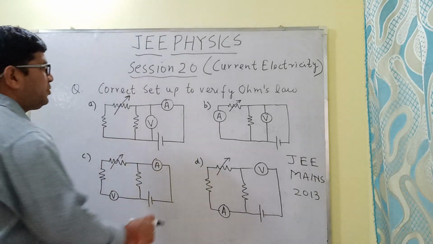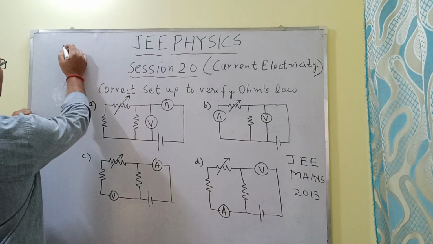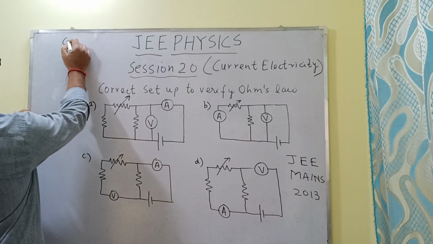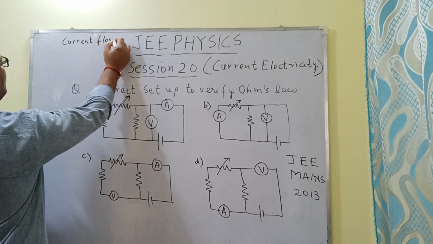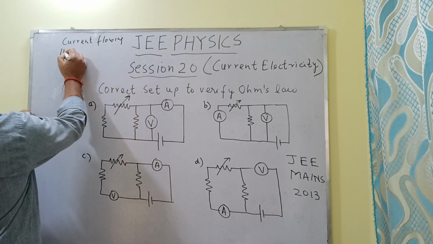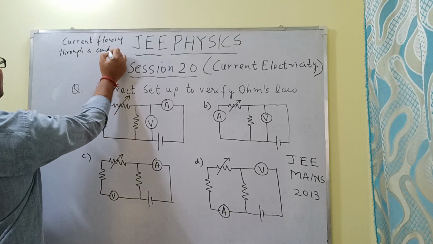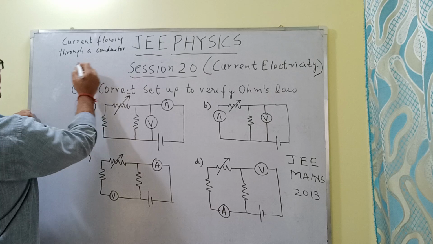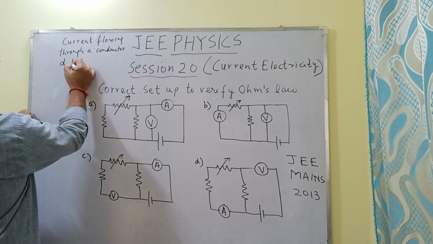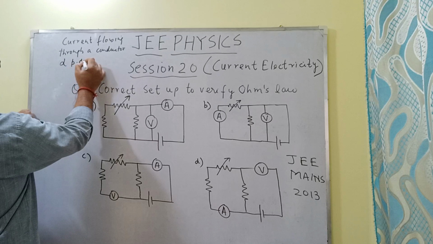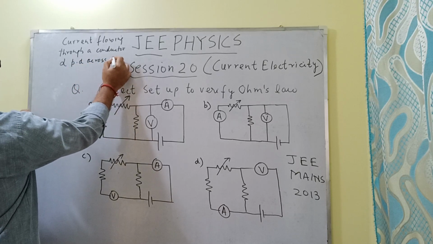Now, what is the definition of Ohm's law? That is, the current which is flowing through a conductor is directly proportional to the potential difference across its ends.